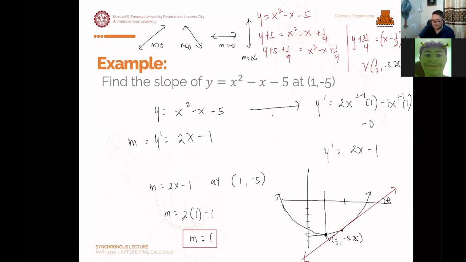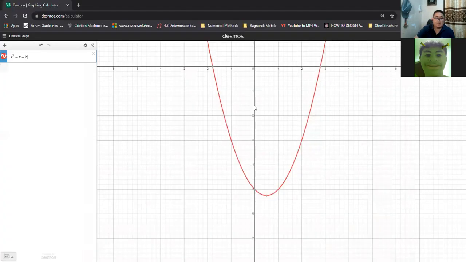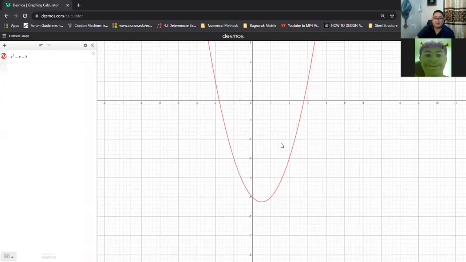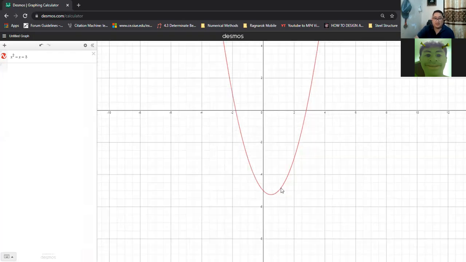Okay? So, one way of checking kung tama yung slope na nakuha natin is by graphing. So, kung hindi kayo naniniwala doon sa graph ko, we can use a plotting tool. Okay? So, ito chinek ko yung pag-plot. Tinype ko lang yung function and ganito yung itsura ng function natin. So, tama naman yung parabola natin.